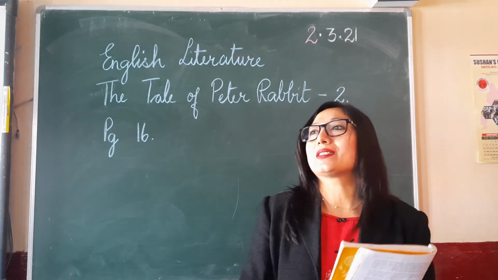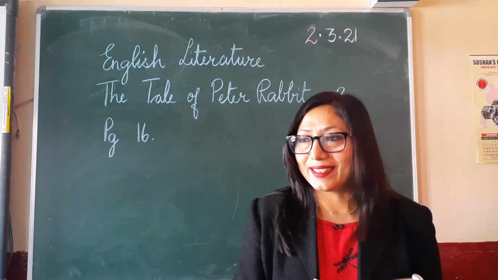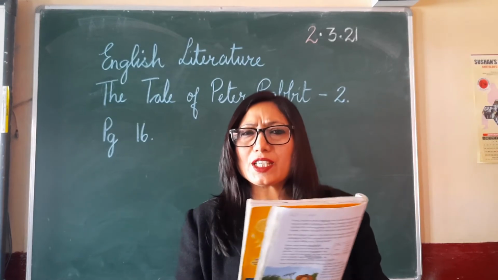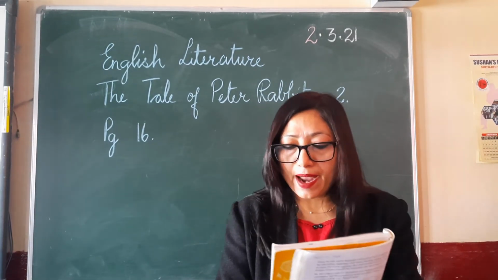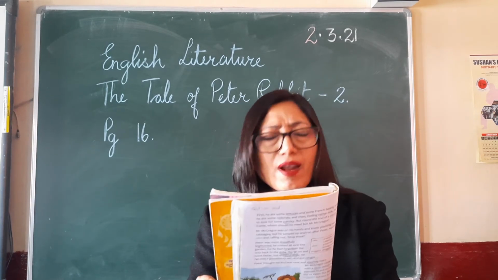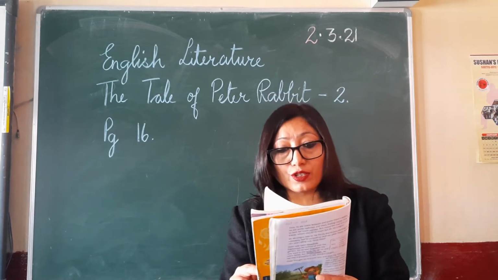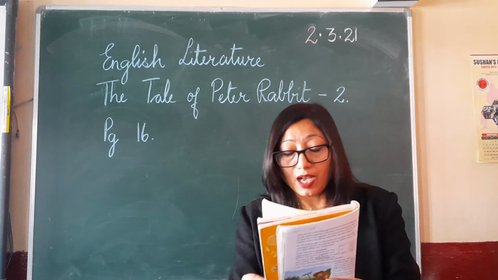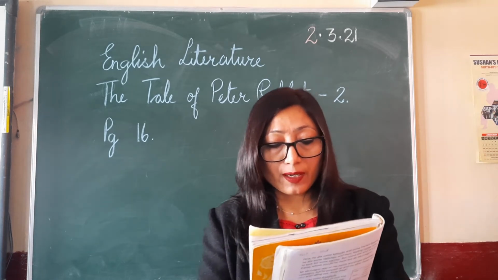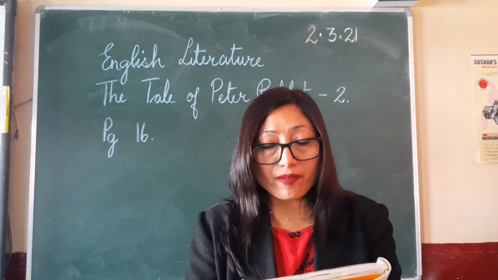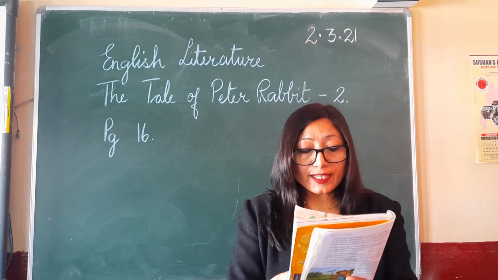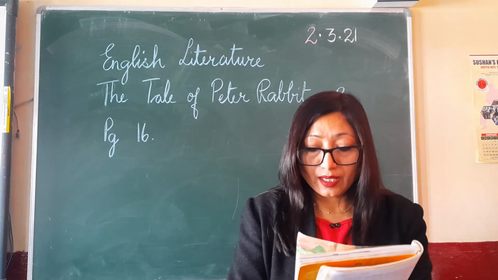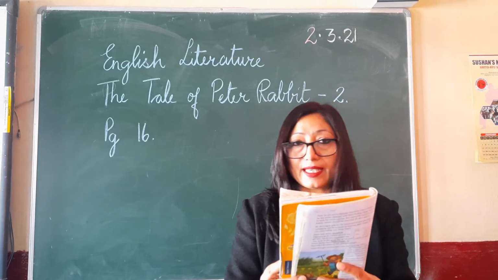So finally Peter found the gate. Peter got down very quietly off the wheelbarrow and started running as fast as he could go, straight along a straight walk behind some black currant bushes. Mr. McGregor caught sight of him at the corner, but Peter did not care.